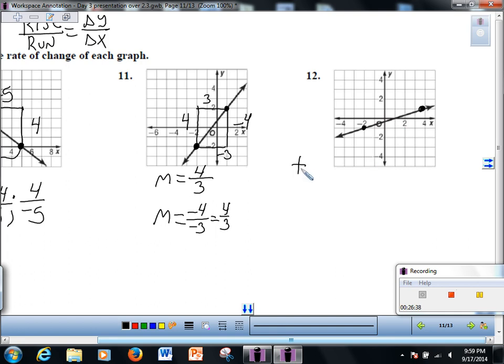I just have to figure out how positive. Looks like I need to go up 2 units and over 1, 2, 3, 4, 5, 6. So there's my slope, up 2 and over 6, but that will reduce to 1/3. And then you got it.